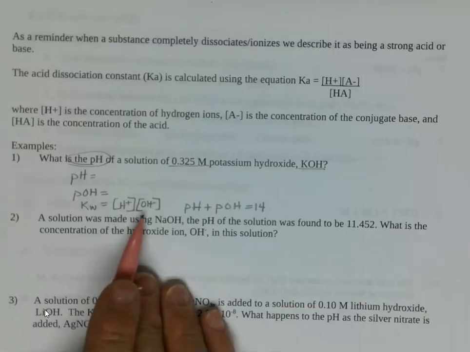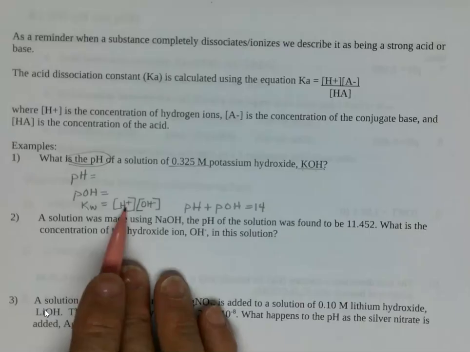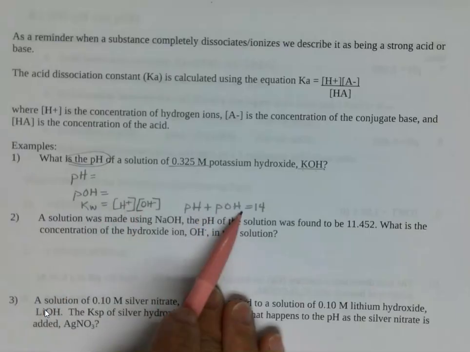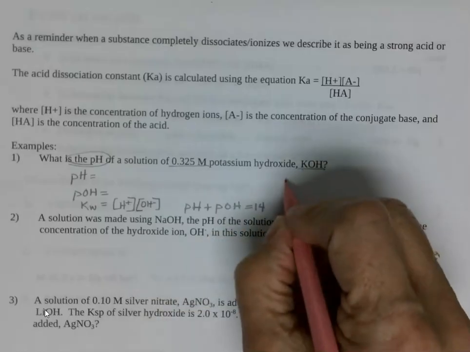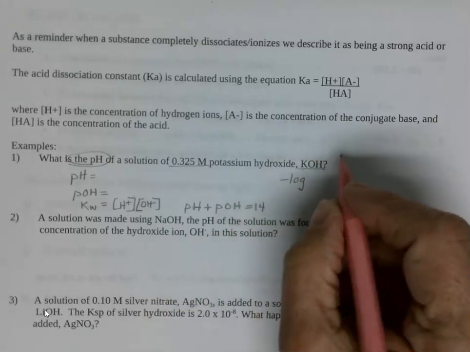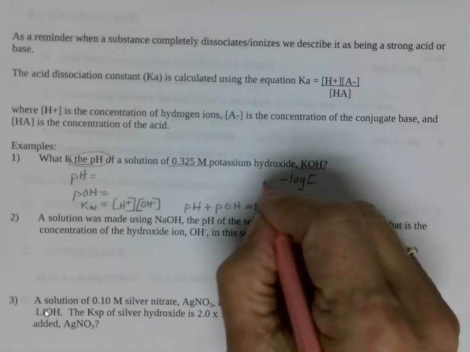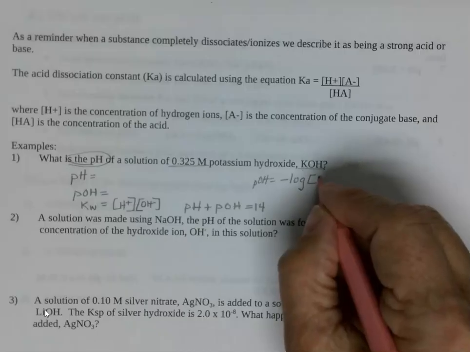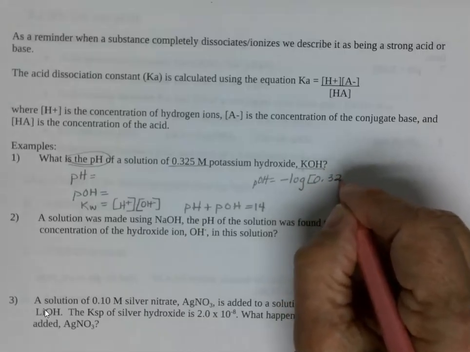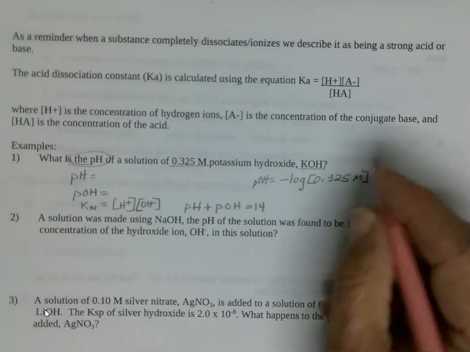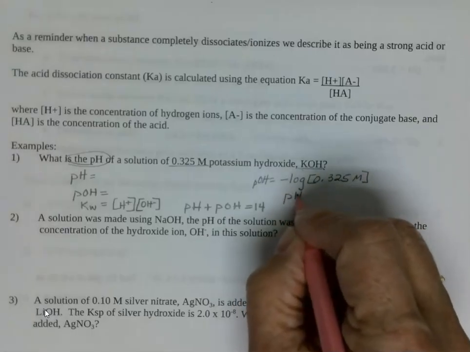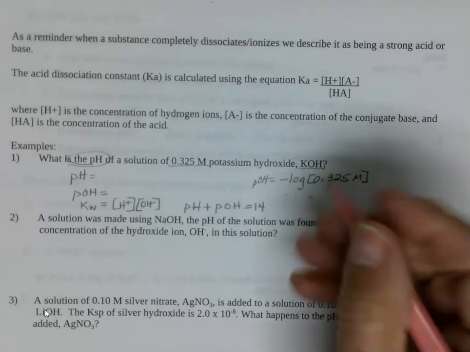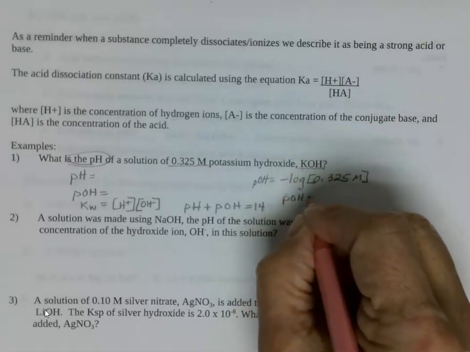Now, you could definitely go through and do your concentration. I like to do my pH and my pOH. So I'm going to do the negative log of my OH concentration, and put that number in real quick to your calculator.